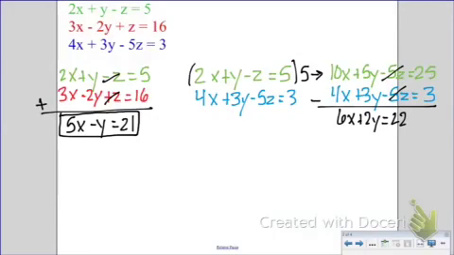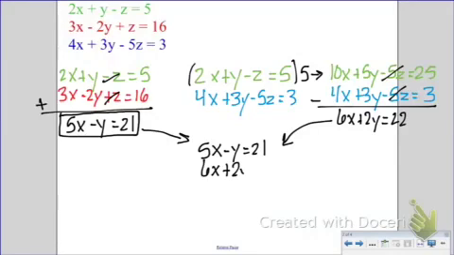What we're going to do is take each of those and build what looks more familiar, a two-variable, two-equation system. 5x minus y is equal to 21. 6x plus 2y equals 22. I see that neither the x's nor the y's are looking like they're going to eliminate, so let's match it up by multiplying by 2, so we have 2y and 2y.